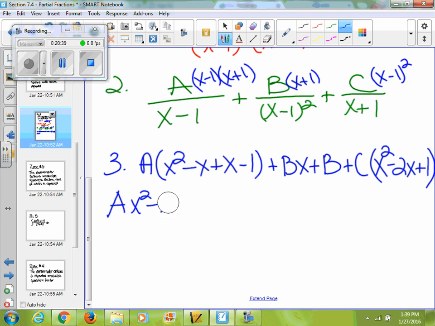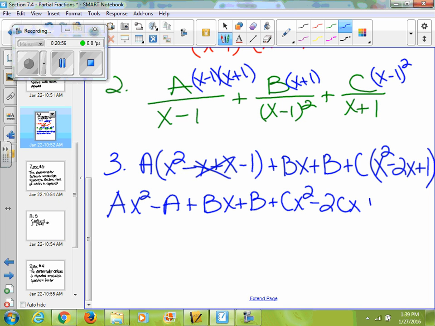Oh, nope, sorry, just kidding. Those cancel. So minus Ax squared minus A plus Bx plus B. I distribute my C, I get Cx squared minus 2Cx plus C. And that again gets set equal to my numerator, which, when everything was said and done, was just 4x.